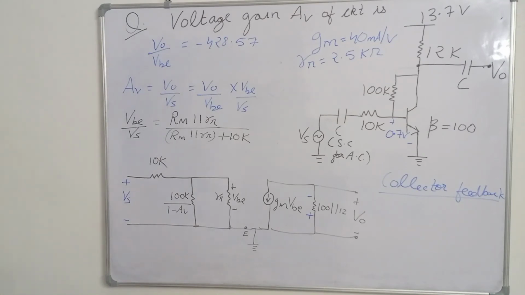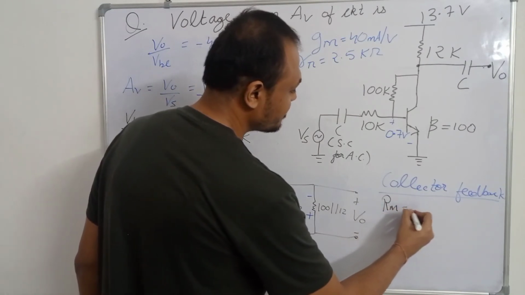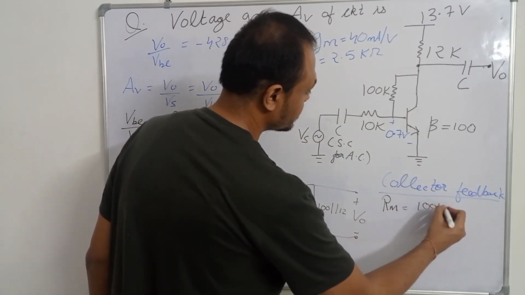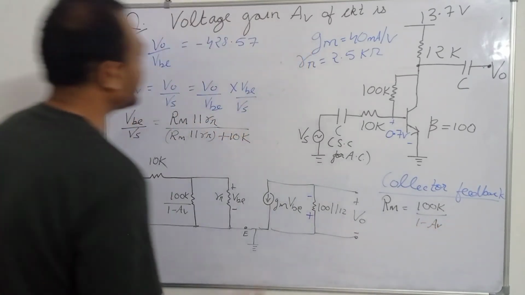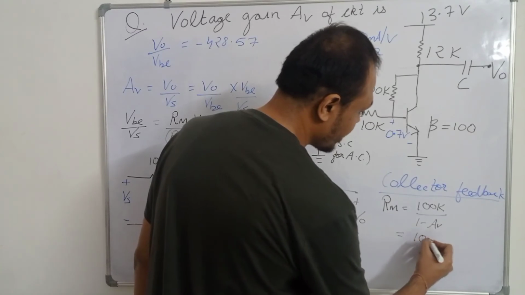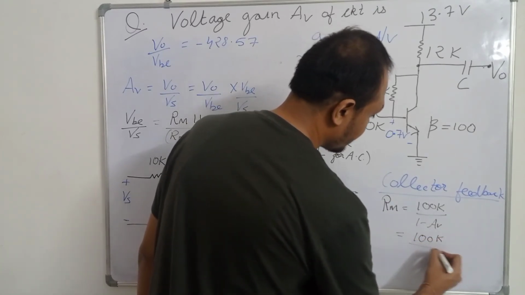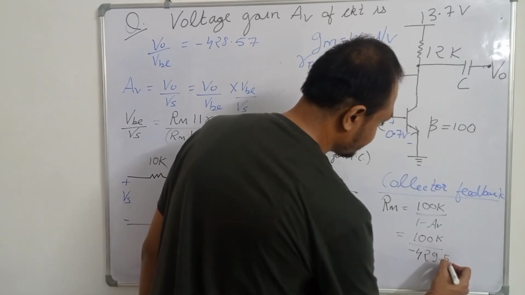Now we have to calculate the value of Rm. Rm will be equal to 100k upon 1 minus AV, and AV is minus 428.57. So Rm will be equal to 100k upon 429.57.